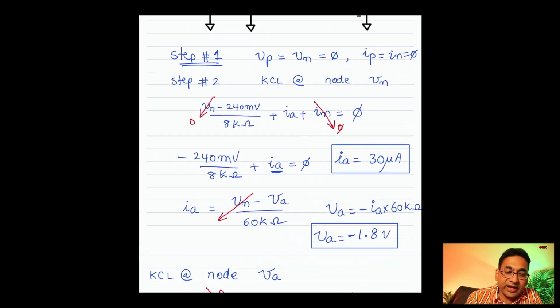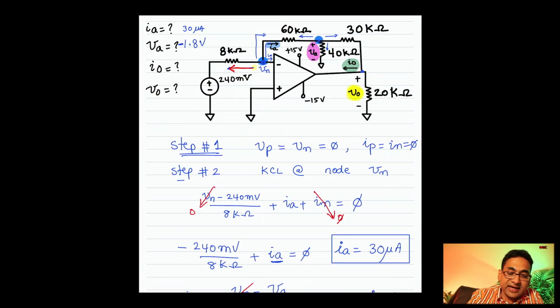Okay, see what we have done? We have applied the rules Vp equals Vn, Ip equals In equals 0 in the first step. The second step is KCL at node Vn.